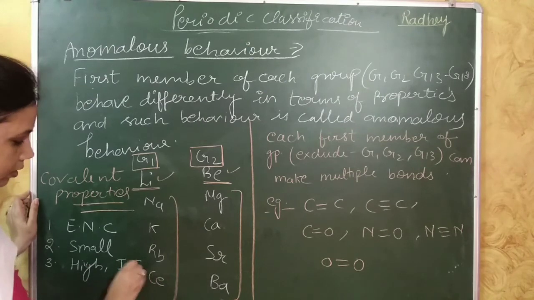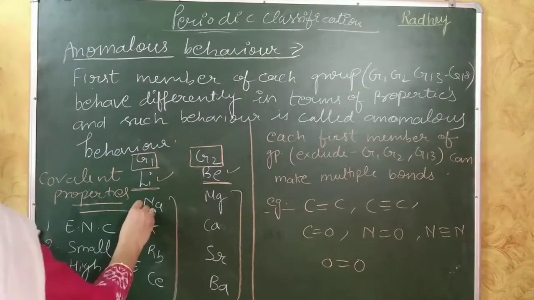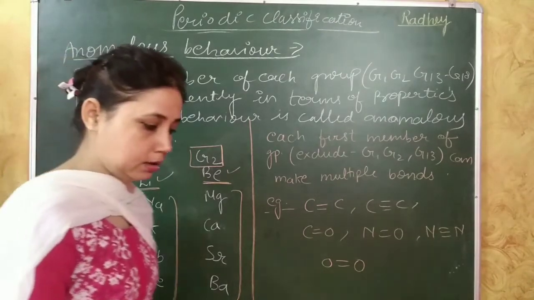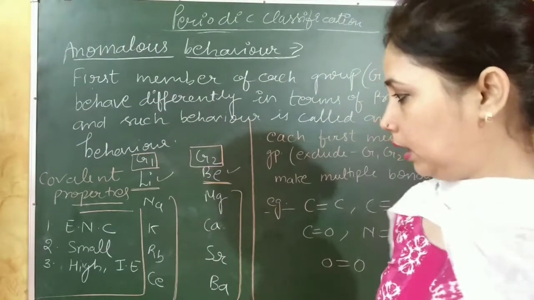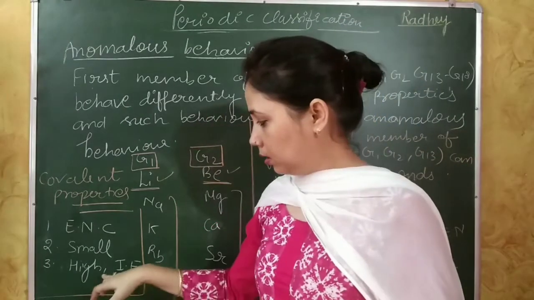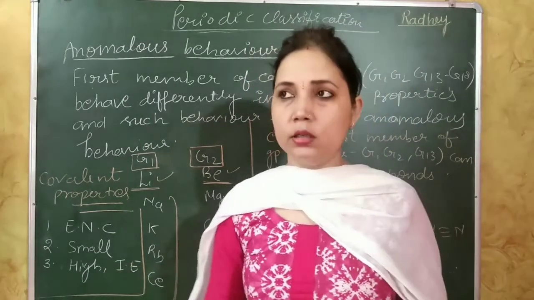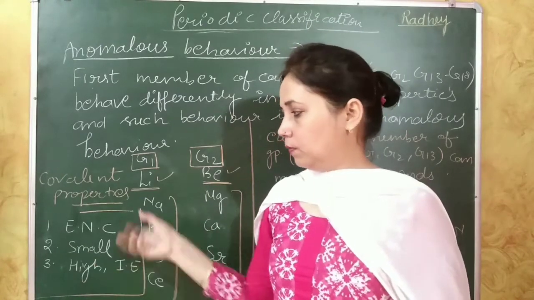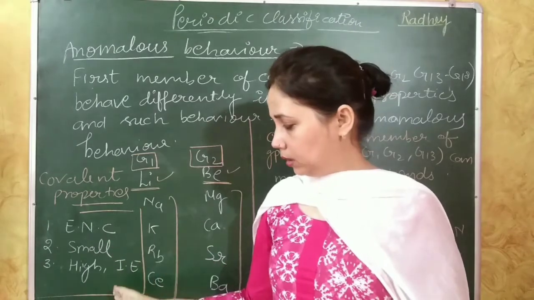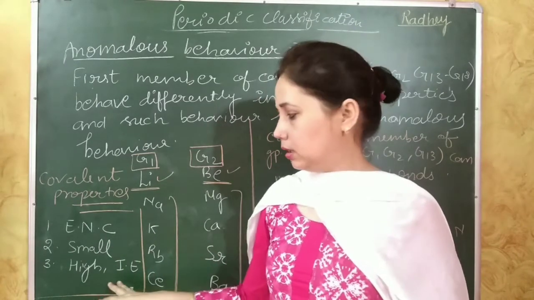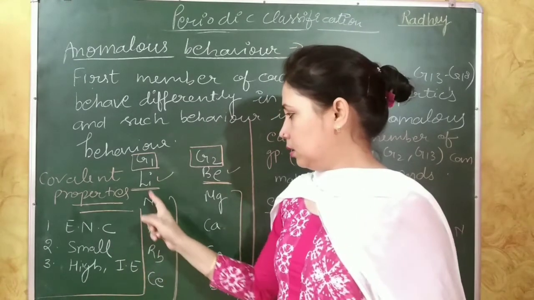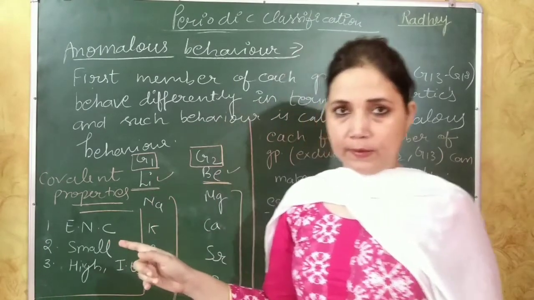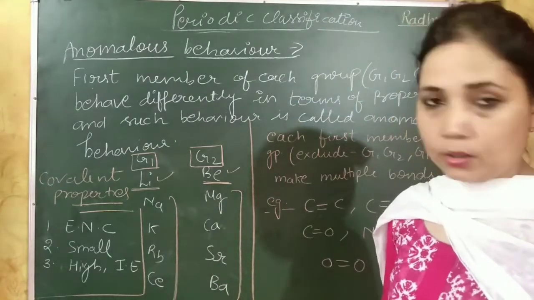Because of these reasons, the nuclear charge is effective and large, their size is small, and their ionization energy is higher, it means it is not very easy to take an electron from these atoms. So these are some reasons why the first members of group 1 and group 2 behave differently from the other members of the group.